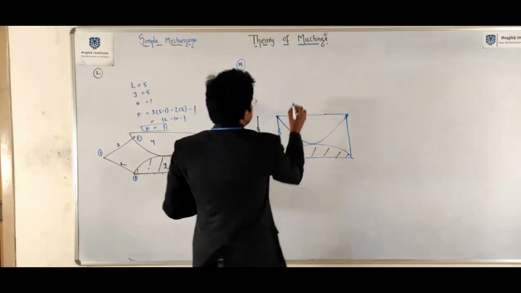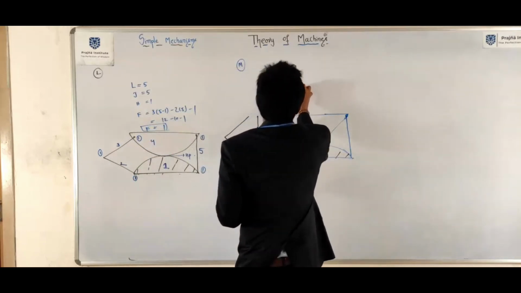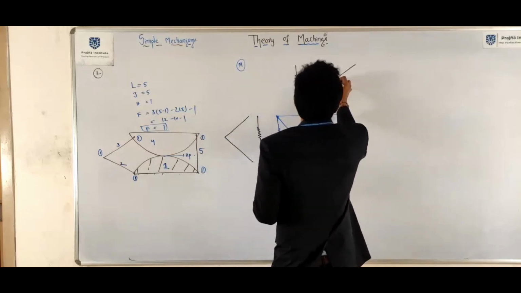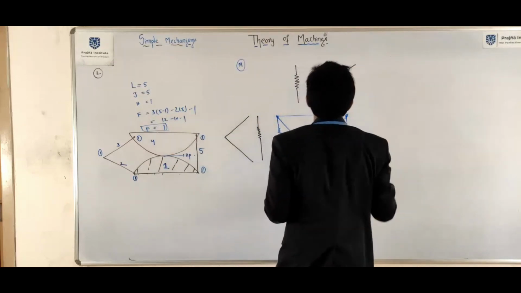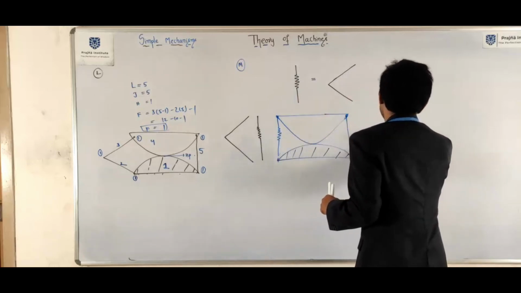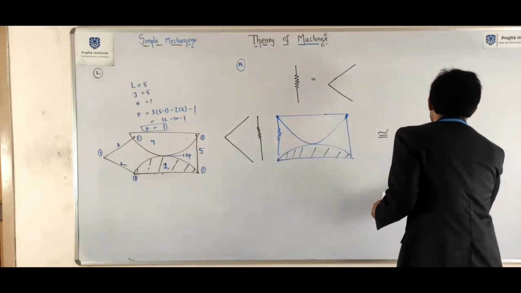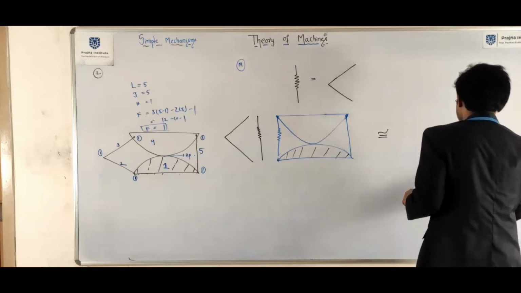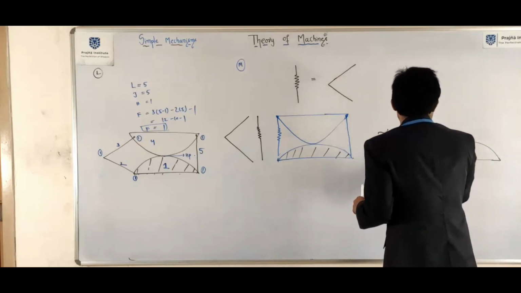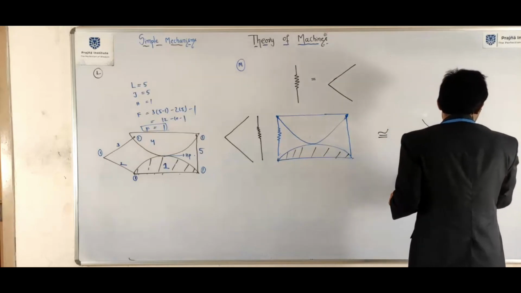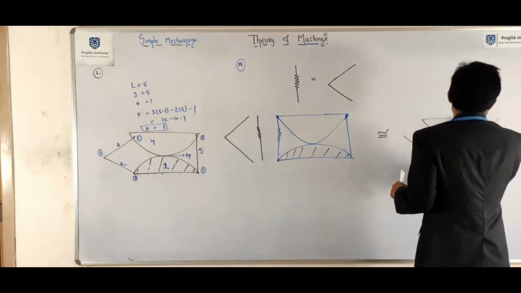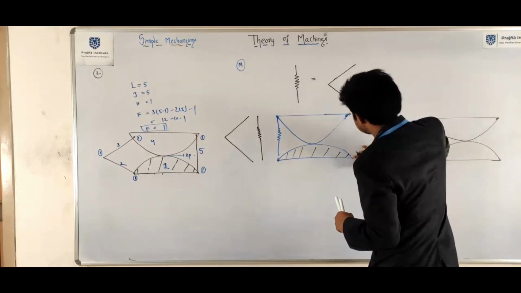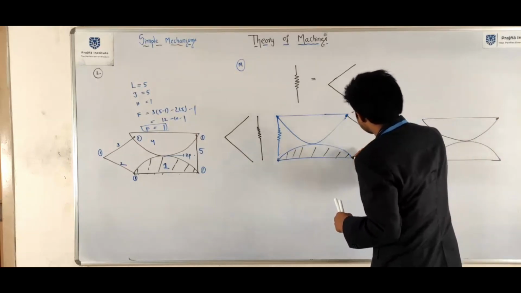Here one spring is equivalent to two lower pairs. That means it is equivalent to, just a small change, you can make it like this.